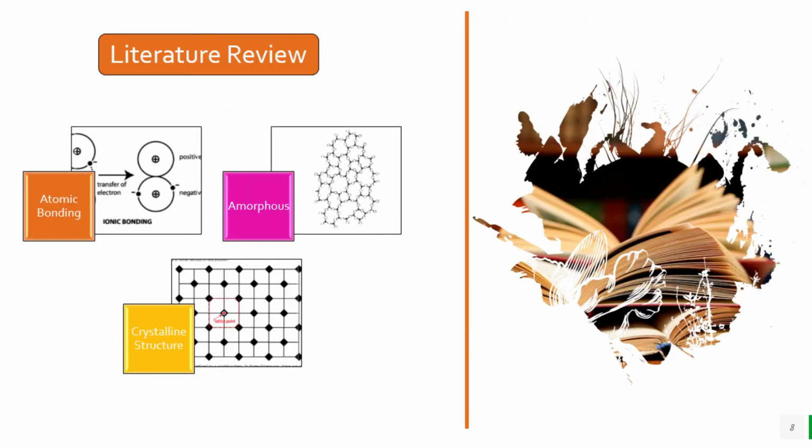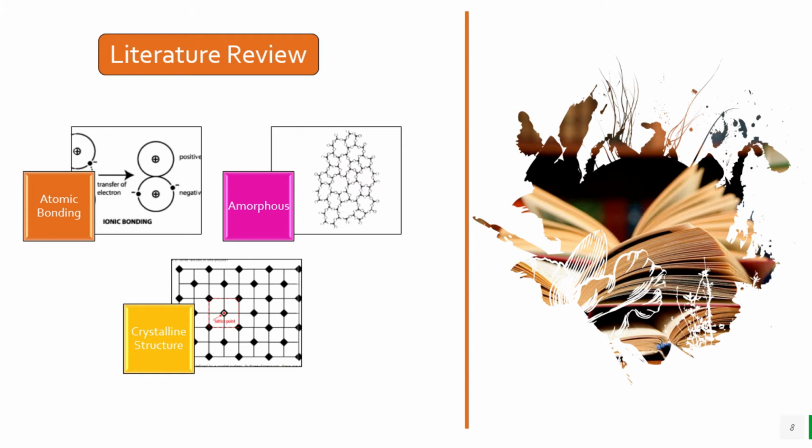In addition, in the microstructure, we can find other structures such as atomic bonding, amorphous structure, and crystalline structure. For atomic bonding, there are three primary types of bonding: ionic bonding, covalent bonding, and metallic bonding. Next, amorphous structure. An amorphous structure has no organization; it is not a crystalline structure, and the atomic structure resembles that of a liquid.